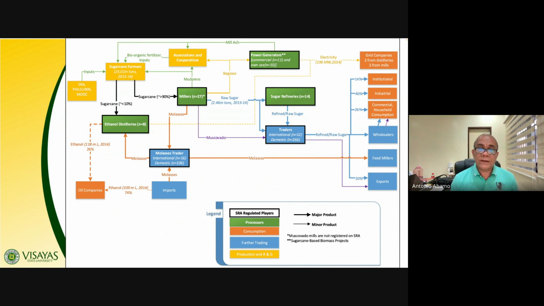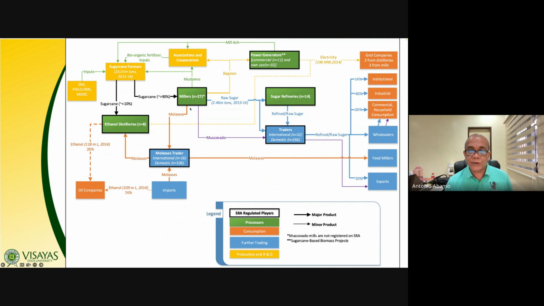It produces various products. From this point, inputs are converted, then you have sugarcane farmers or suppliers, and then it will be converted to either ethanol or sugar, and it reaches the millers, and the millers produce molasses.